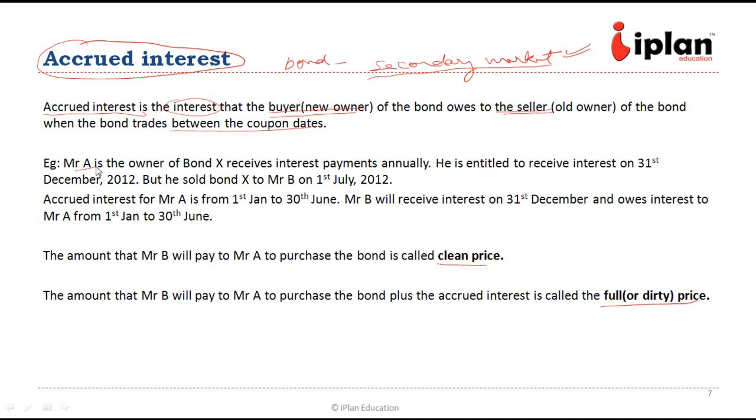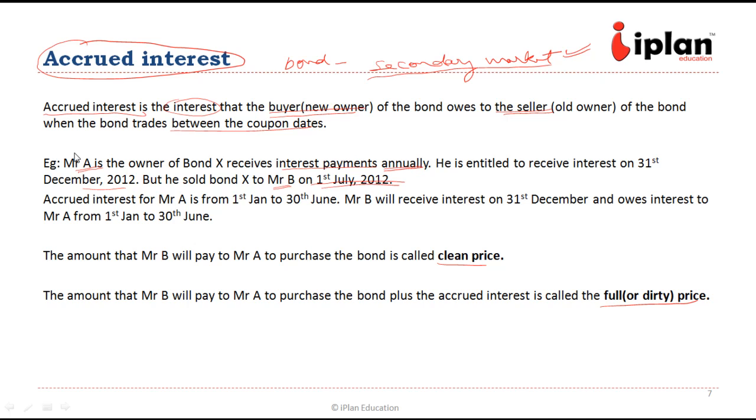For example, if Mr. A is the owner of the bond and he is receiving interest payments or coupon payments annually, so he is entitled to receive interest on 31st December, but he sold the bond to Mr. B on 1st of July.